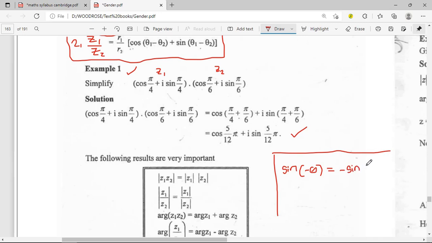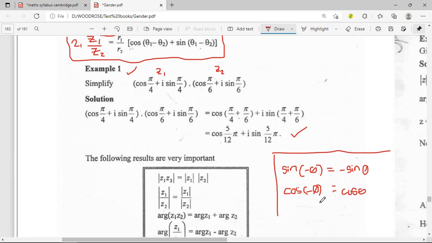You must know this result. And also cos of negative theta is cos theta. Right, these results are very important.